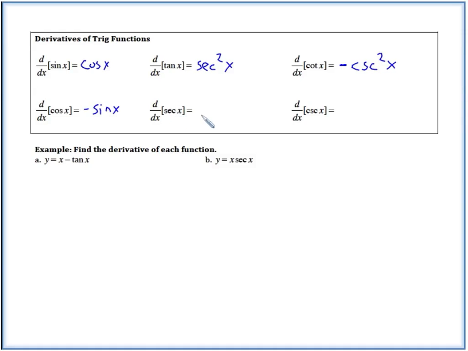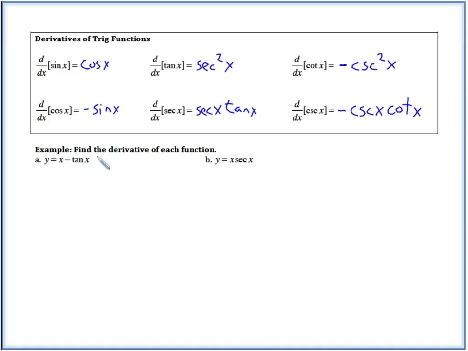For secant x, this becomes secant x tan x. So that's the derivative of secant. And so then the derivative of cosecant, which is just the reciprocal here, is going to be negative cosecant x cotangent x. So you might want to take a little bit of time to commit these to memory so that you'll be able to do some of these trig functions.